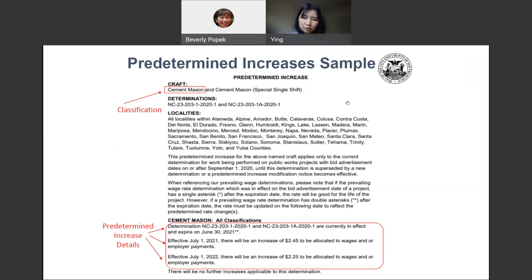Effective July 1st, 2021, there is an increase of $2.45 allocated to wages and/or fringe benefits. And a year later, on July 1st, 2022, there will be another increase of $2.25 being allocated to wages and/or training or other employer payments. Next.